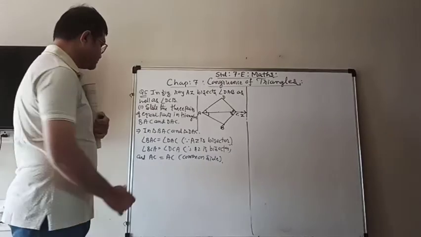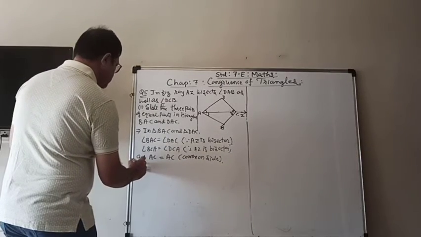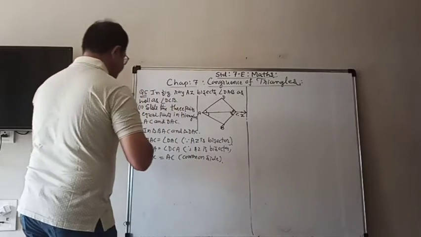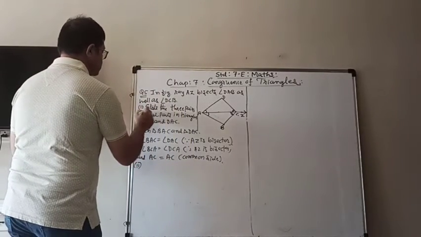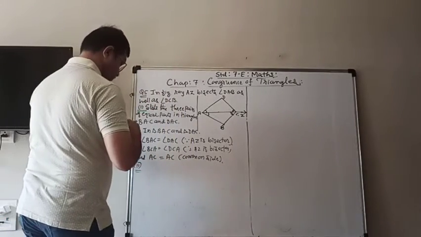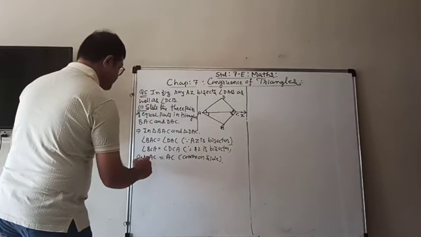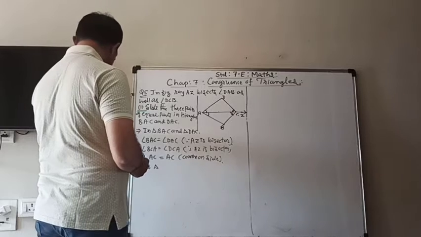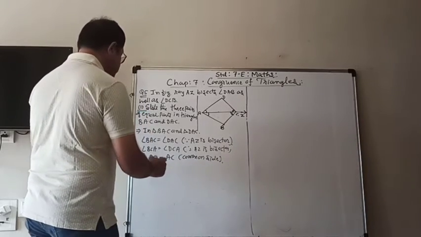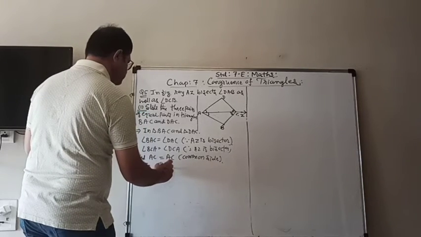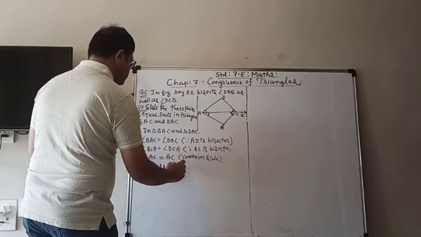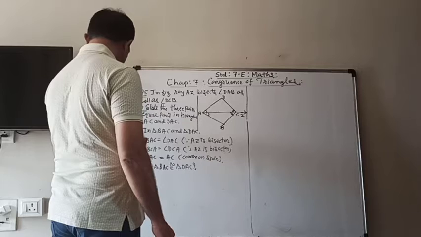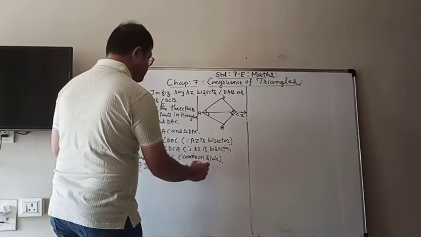Now the second question. Is triangle BAC congruent to DAC? Give reasons.